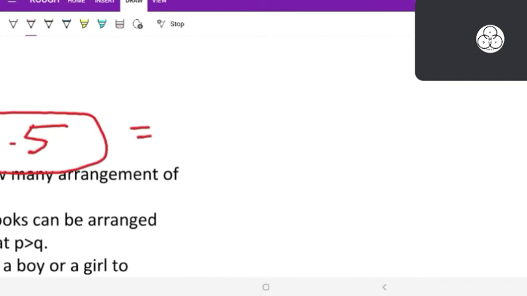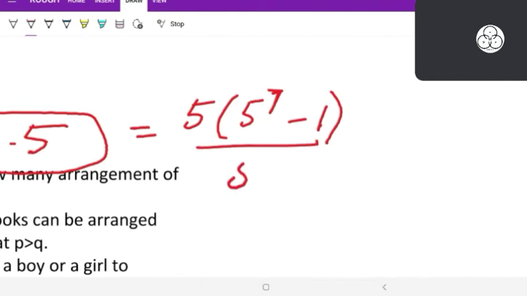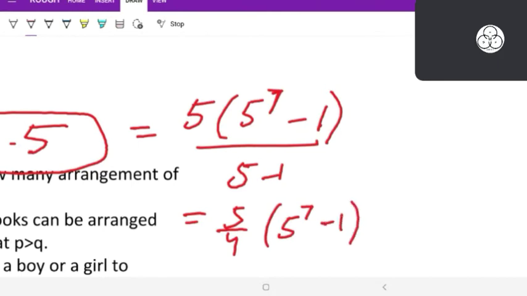This is 5 times (5 to the power 7 minus 1) over (5 minus 1), which is equal to 5 by 4 into (5 to the power 7 minus 1). And this is the answer.